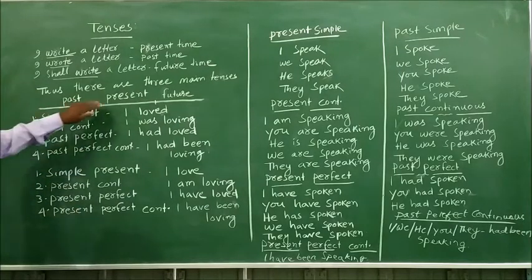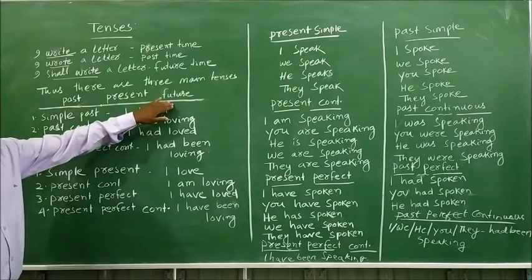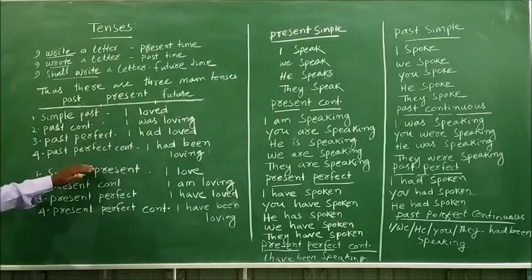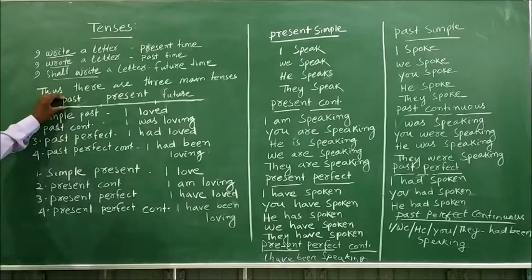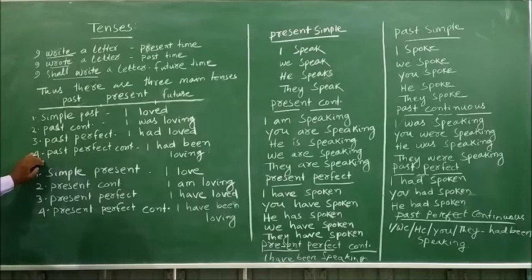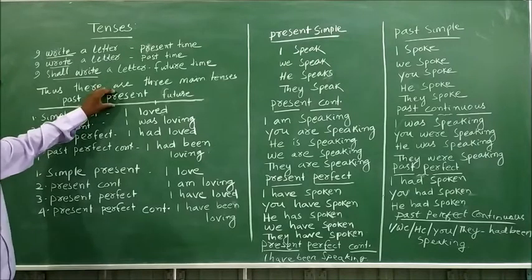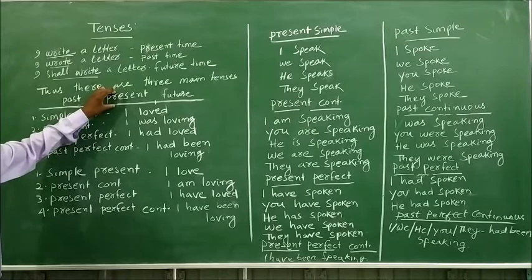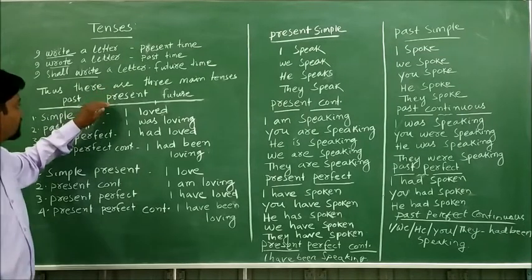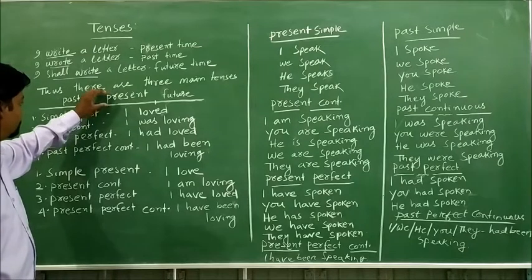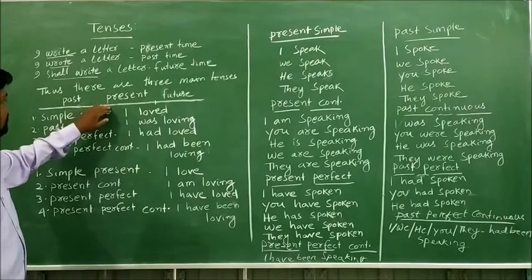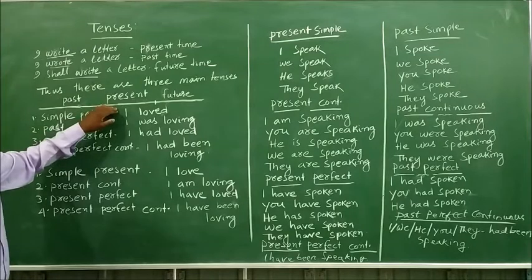These three tenses are further divided into four categories each. The past tense has simple past, past continuous, past perfect and past perfect continuous. The present tense also has four categories: simple present, present continuous, present perfect and present perfect continuous.